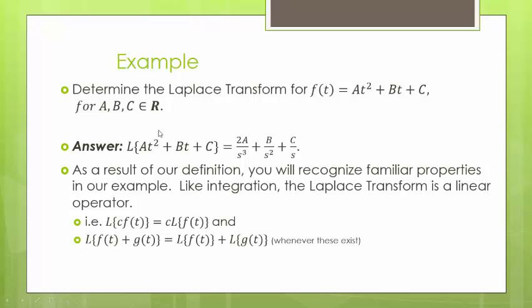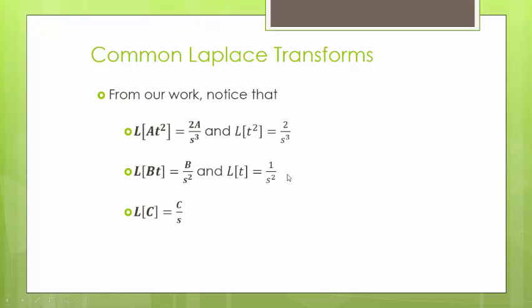And now that you have these 3 built up already, we actually have some formulas you could work with for polynomials. So based on these, I want to point out the Laplace transform of at squared would be 2a over s cubed. So based on the linearity rule that we were just discussing, the Laplace transform of t squared is equal to 2 over s cubed.